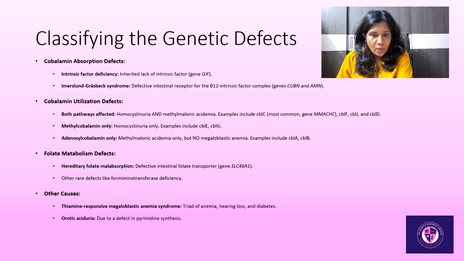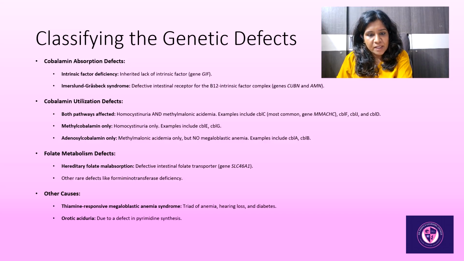The largest group of these disorders, however, are the ones that impair the utilization of cobalamin, and these are often abbreviated as the cbl group. We can categorize them based on which of the two key cobalamin derivatives are affected. Some disorders like cblC affect the processing of cobalamin early on, so both the methylcobalamin and adenosylcobalamin pathways are impaired.